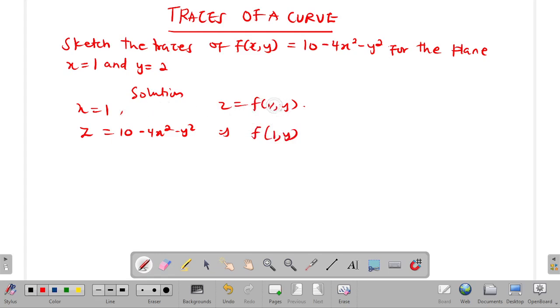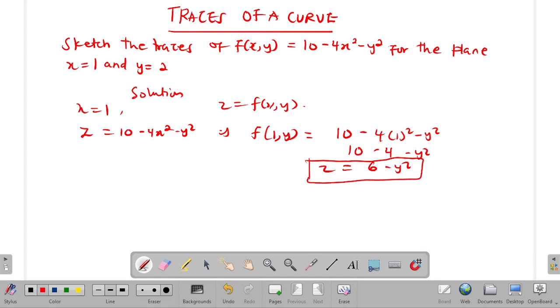So my plane, when I'm cutting, I replace my x with 1, and that will give me what? 10 minus, wherever I see x, I put 1. 4 multiplying 1 squared minus y squared. This is 10 minus 4 minus y squared, giving me 6 minus y squared. So z is equal to 6 minus y squared is the new surface I get, the new outline of the surface. And this is what we call the trace when you cut through x equals 1.